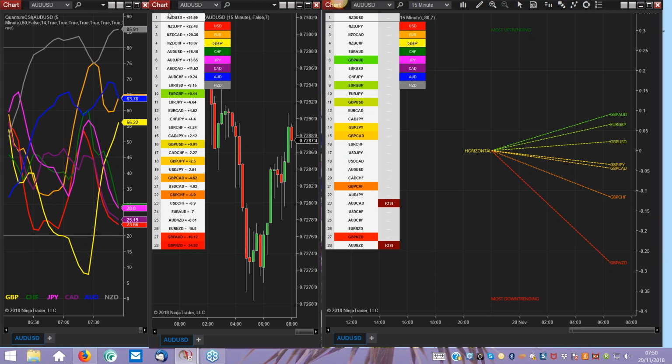What is at the extreme right now? We've got New Zealand dollar up here, we've got pound New Zealand down here, we've got Aussie New Zealand, we've got New Zealand dollar up here.